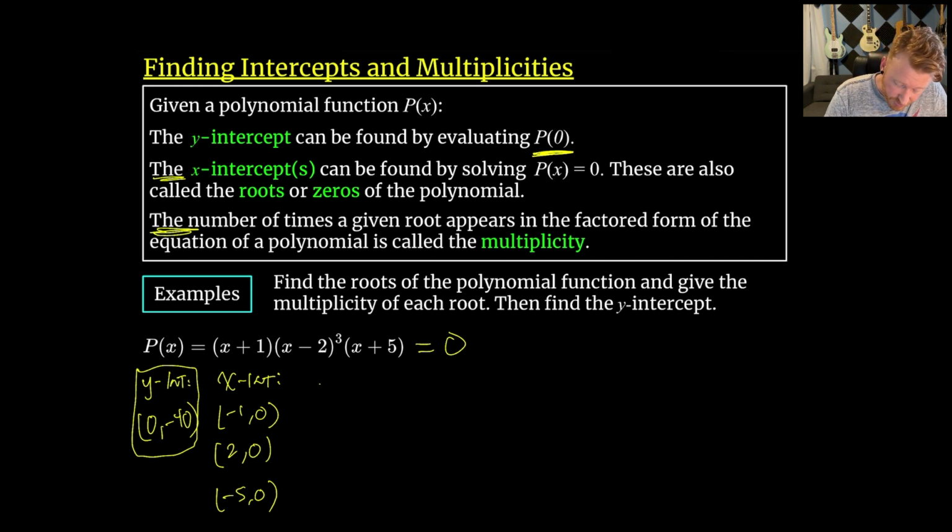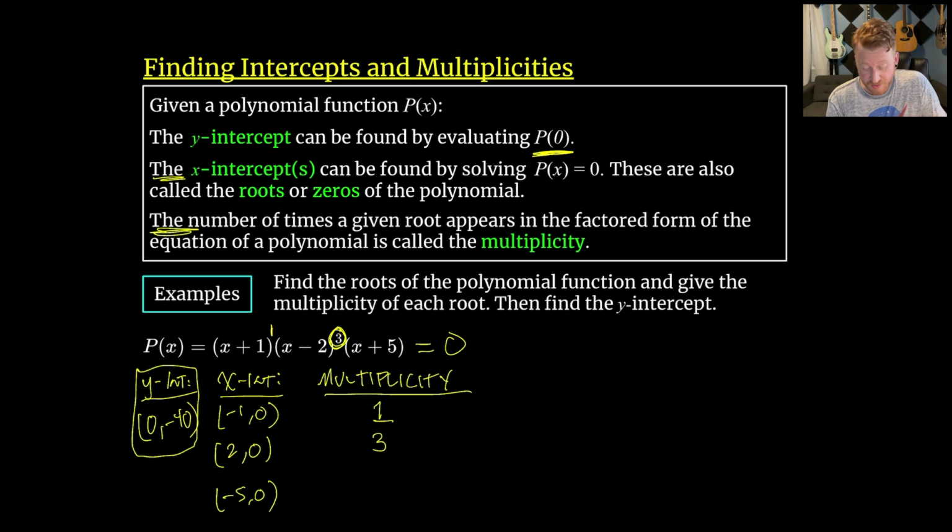So if I write down the multiplicities, the multiplicity for the x-intercept negative 1, 0, since there is just a 1 on that factored form, is just 1. Since the power on x minus 2 is 3, the multiplicity of 2, 0 is 3. And since the power on x plus 5 is also 1, the multiplicity for the x-intercept negative 5, 0 is also 1.